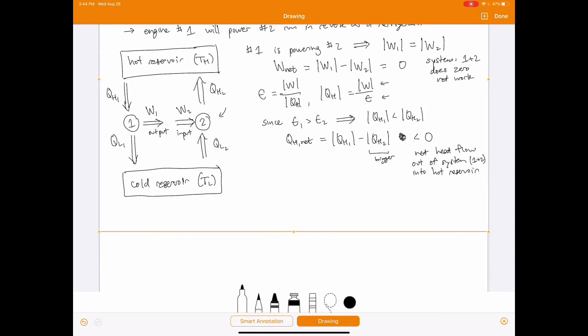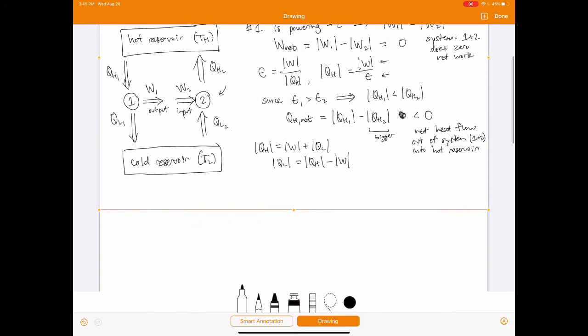Okay, next. The first law of thermodynamics applied to an engine cycle says QH is equal to W plus QL. Therefore, QL is equal to QH minus W. So here's the thing.